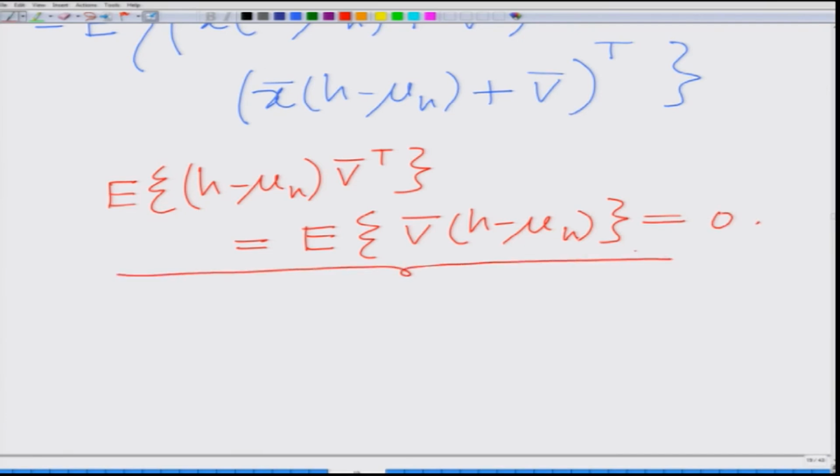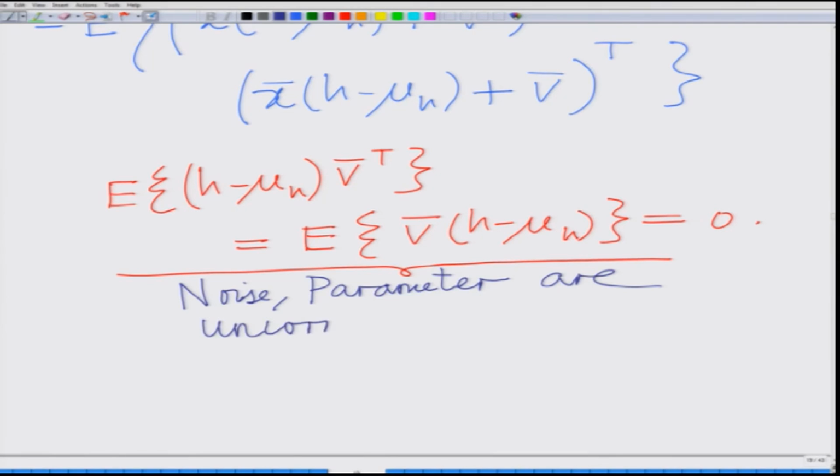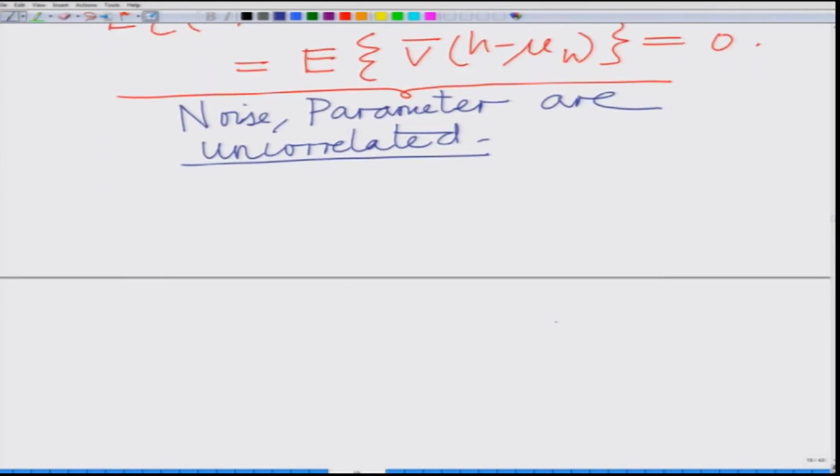This basically implies that noise and parameter in this case are uncorrelated, but since they are Gaussian, this also translates into independence of h comma v bar.